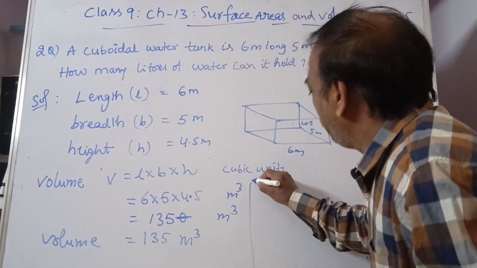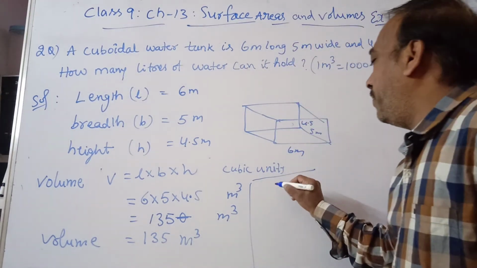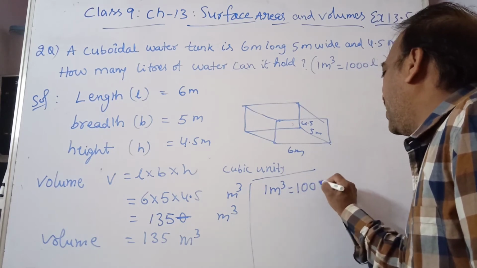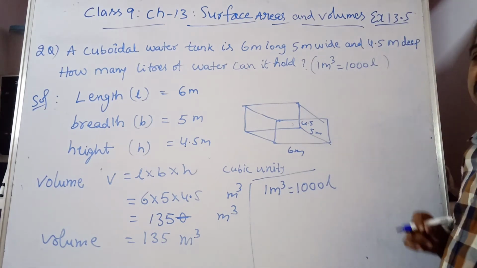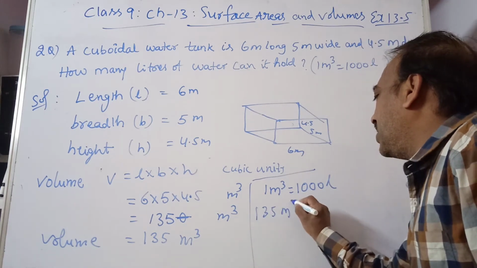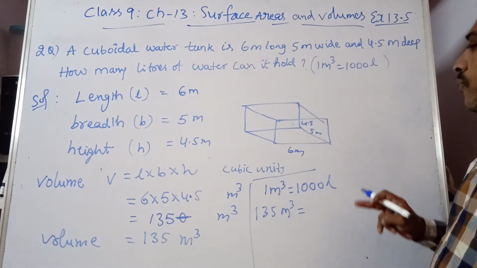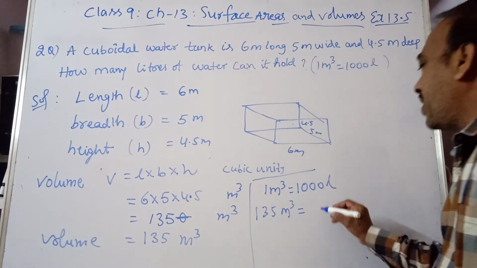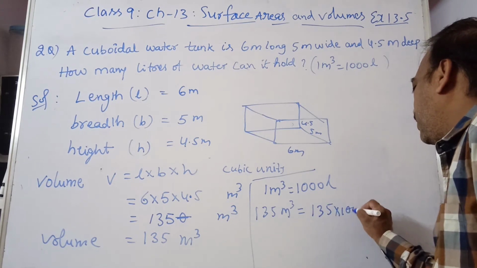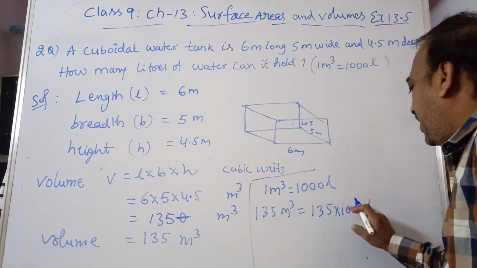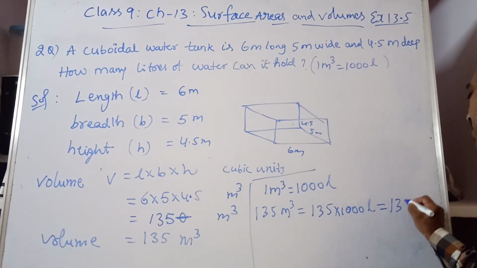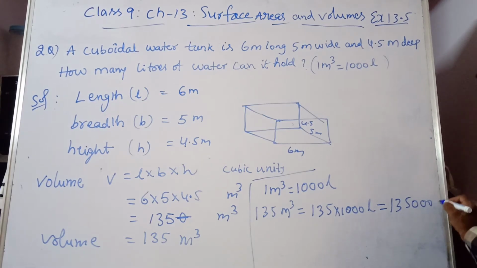But we need to find out how many liters it can hold. So here 1 meter cube is equal to 1000 liters. So 135 meter cube is equal to 135 into 1000 liters, which is nothing but 135,000 liters.